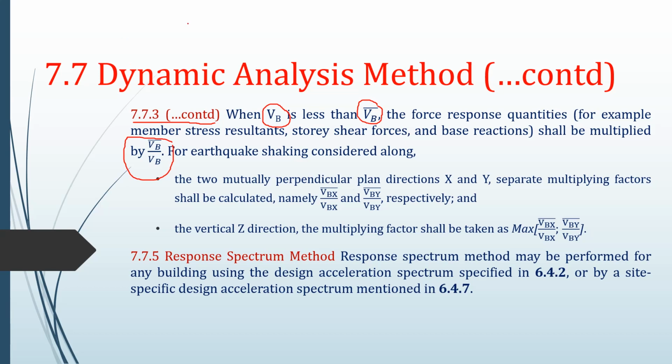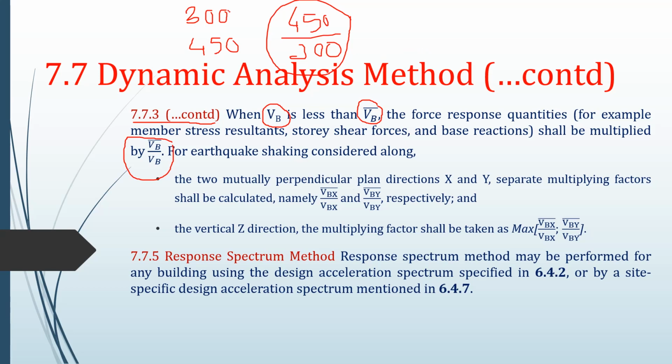For example, suppose VB is 300 and VB bar is 450. Now we have to multiply all of our response quantities by this factor, 450 divided by 300. This factor is used to multiply every one of our response quantities, including base shear also.